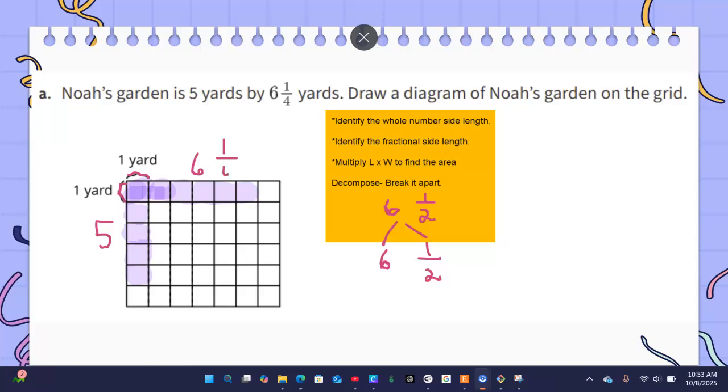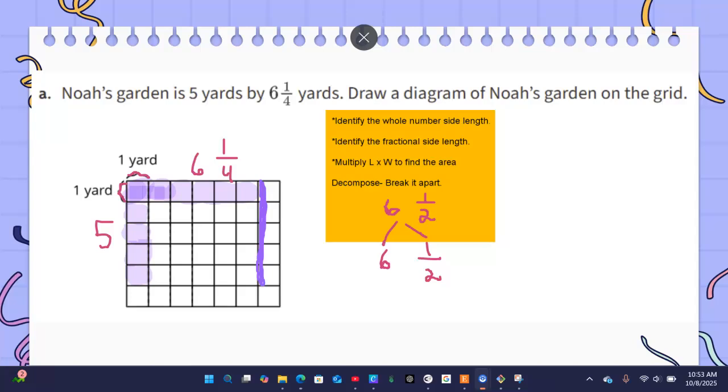That'll be 1/4 right here. Let me change my color to purple and make this 1/4. How do I do that? All I'm doing is drawing a strip. You could partition it if you want to, but it's basically equal to 1/4 of that, which is one small strip.